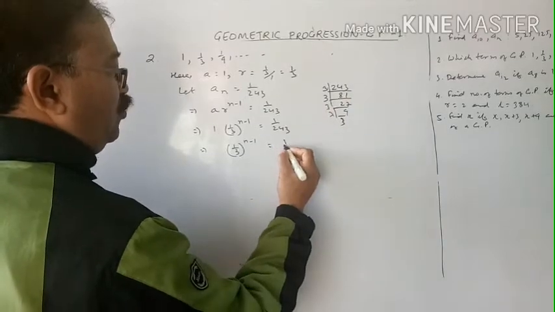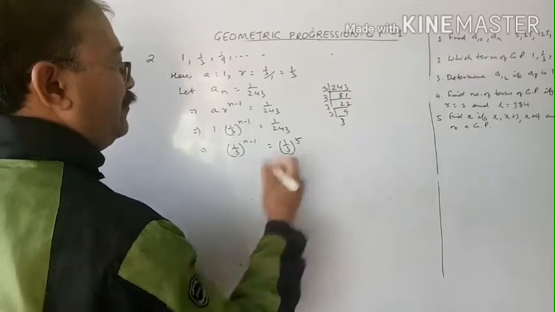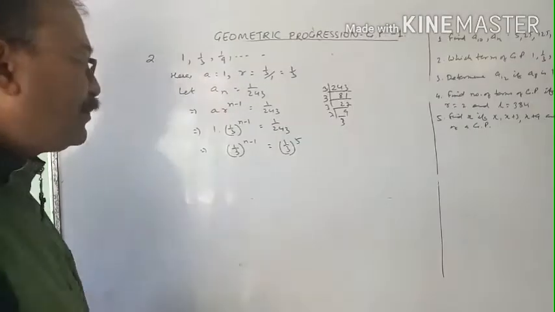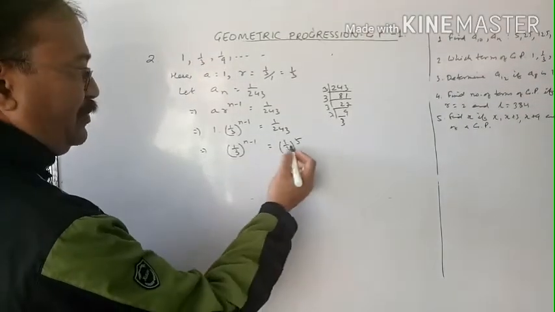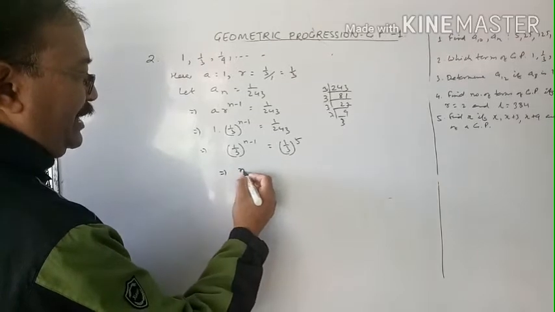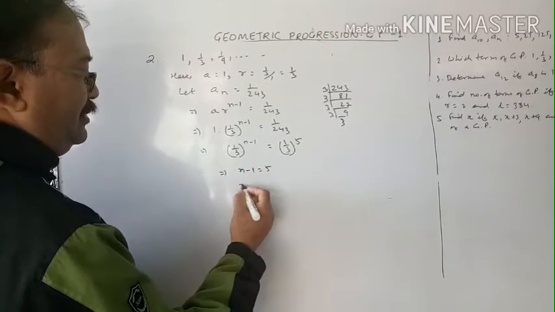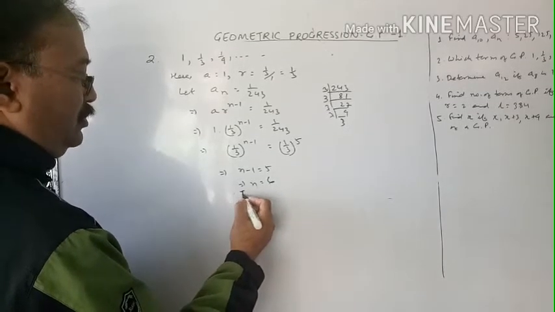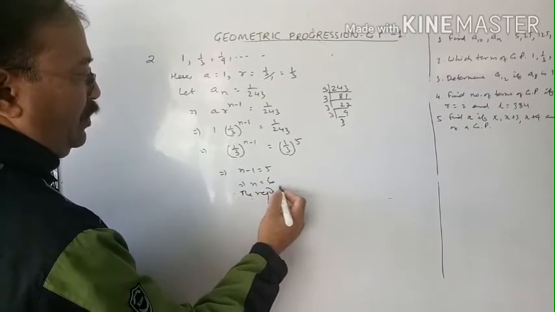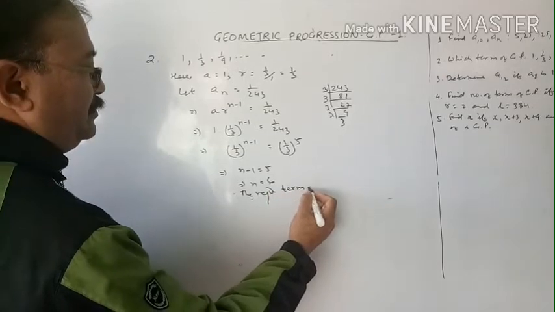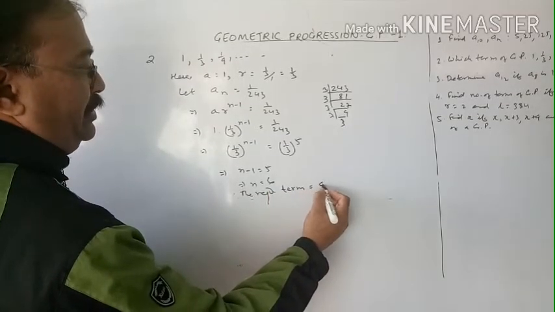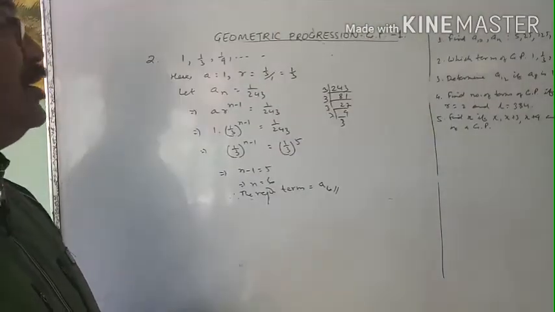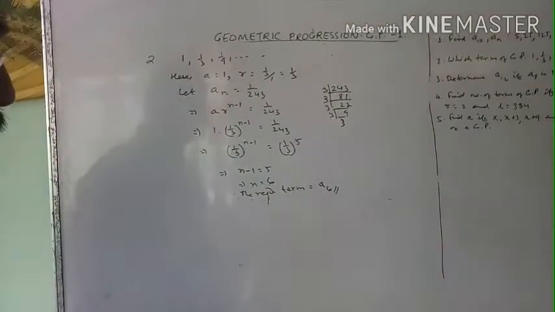So this is 1 by 3 to the power 5, because 1 to any power is 1 only. Since the bases 1 by 3 are equal, this implies n minus 1 must be equal to 5. This implies n equals 6, as the 1 goes over. So therefore, the required term is 6. That means the 6th term of the GP is 1 by 243. Okay.